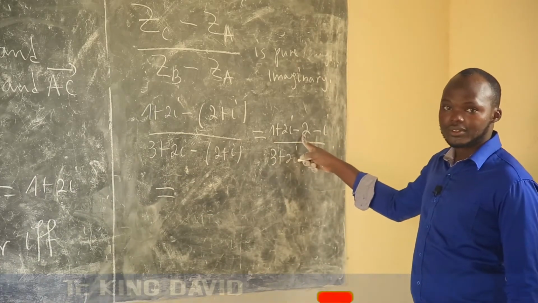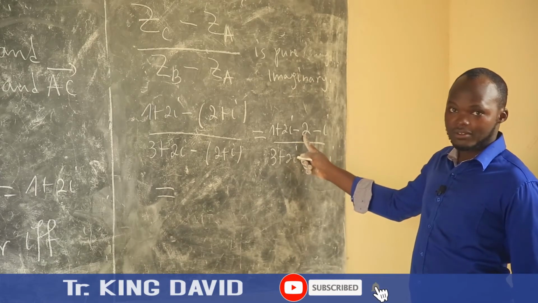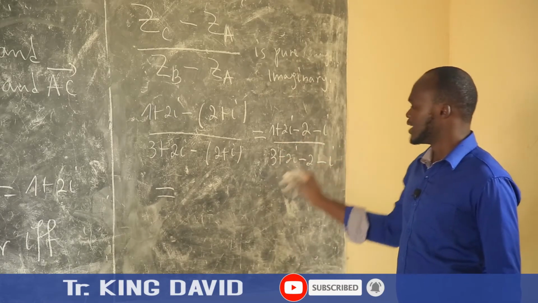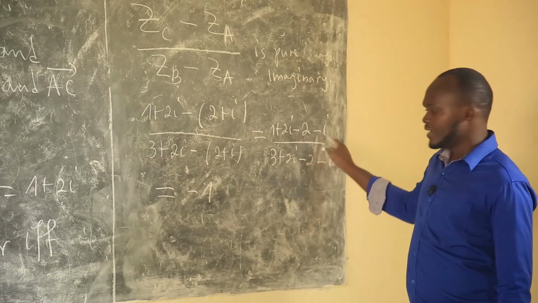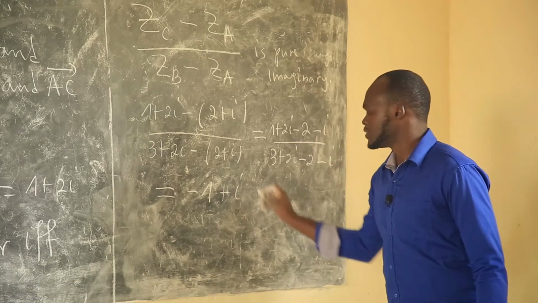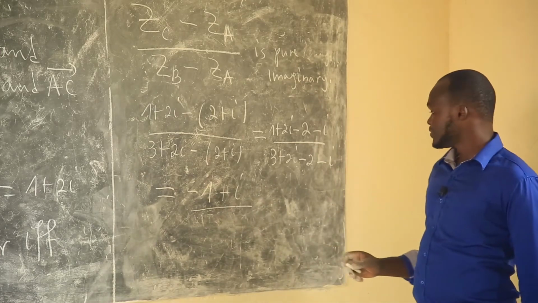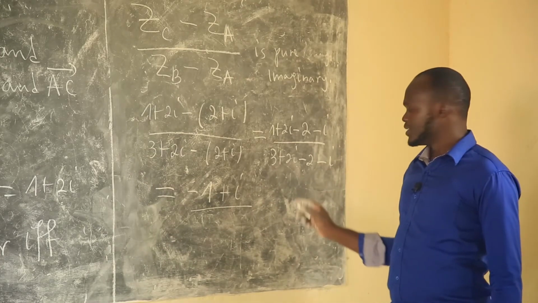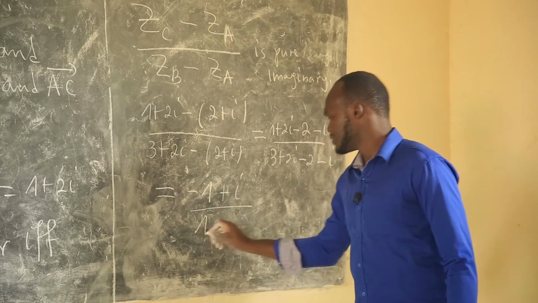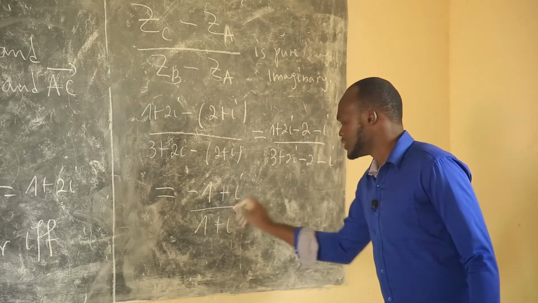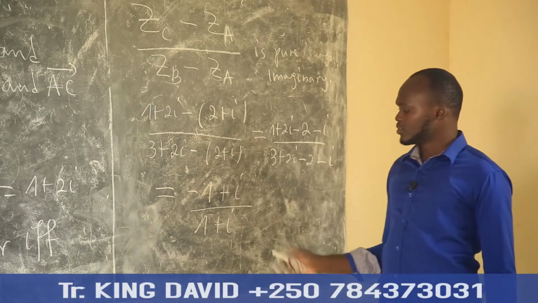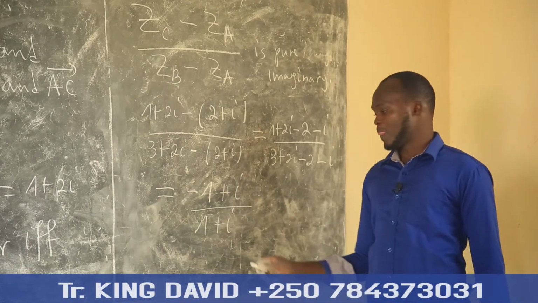So here it equals, we first deal with the real part. 1 minus 2, that is negative 1. 2i minus i, that is i. Divided by 3 minus 2, that is 1. 2i minus i, that is i. Now we're not allowed to leave a complex number in this form.